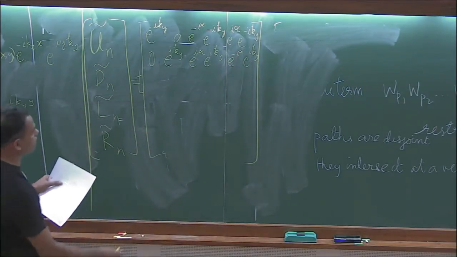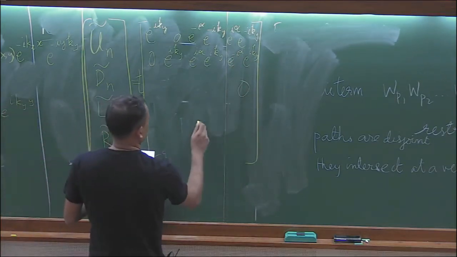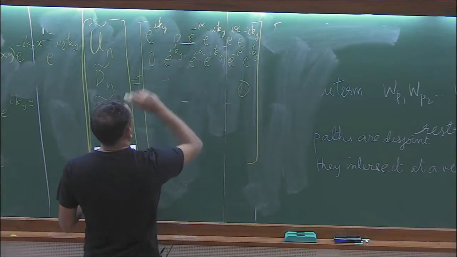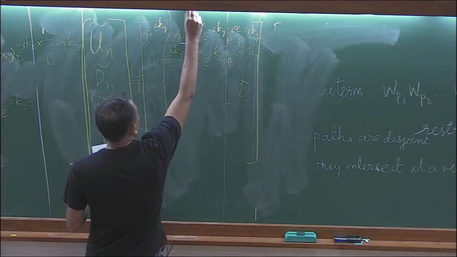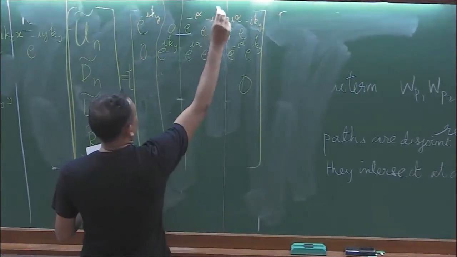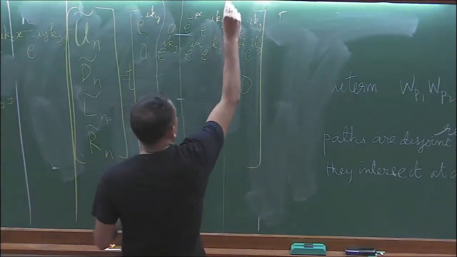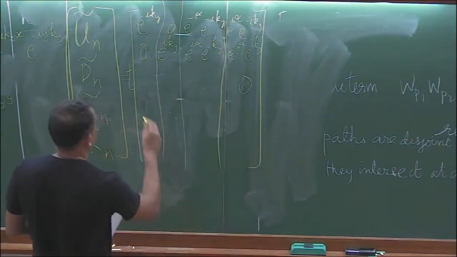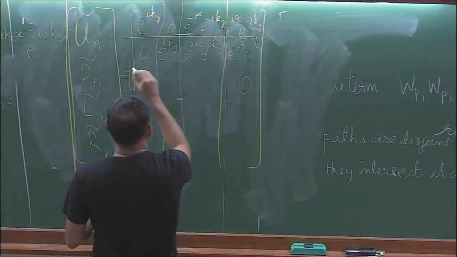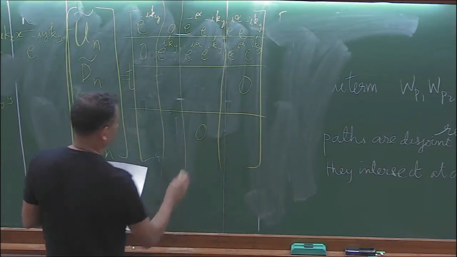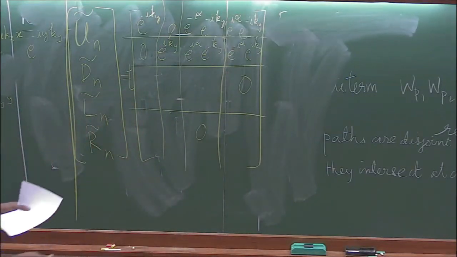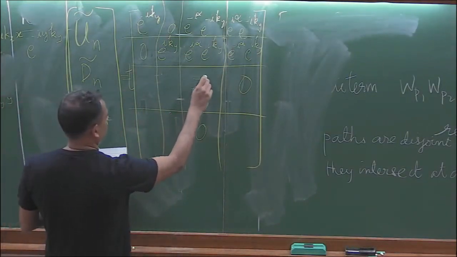Then there is another 0 here, another 0. These are my columns. 0. Sorry?